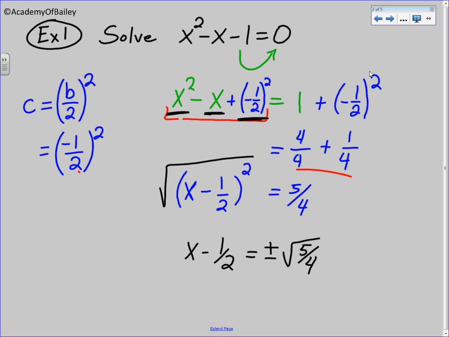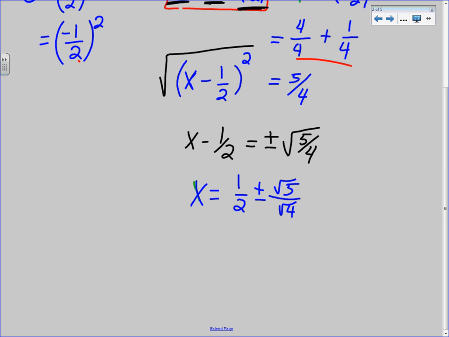Let's add 1/2 to both sides. So therefore we have 1/2 plus or minus the square root of 5 over the square root of 4, and the square root of 4 happens to be 2.